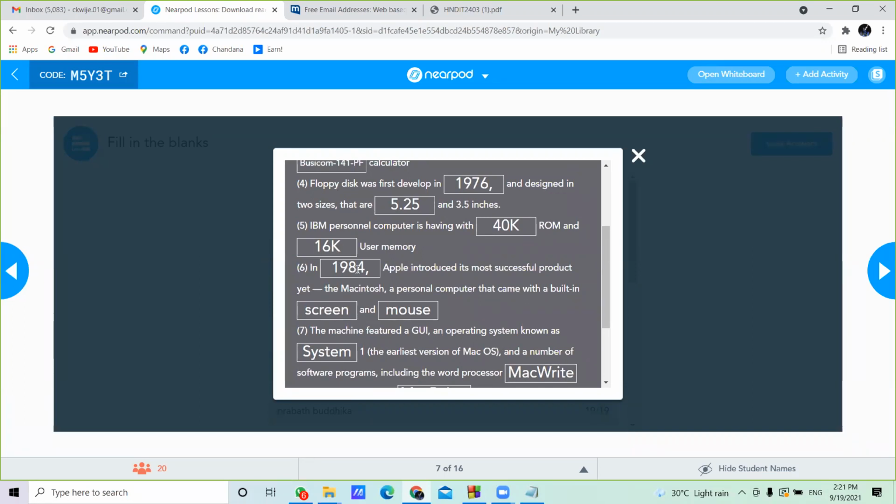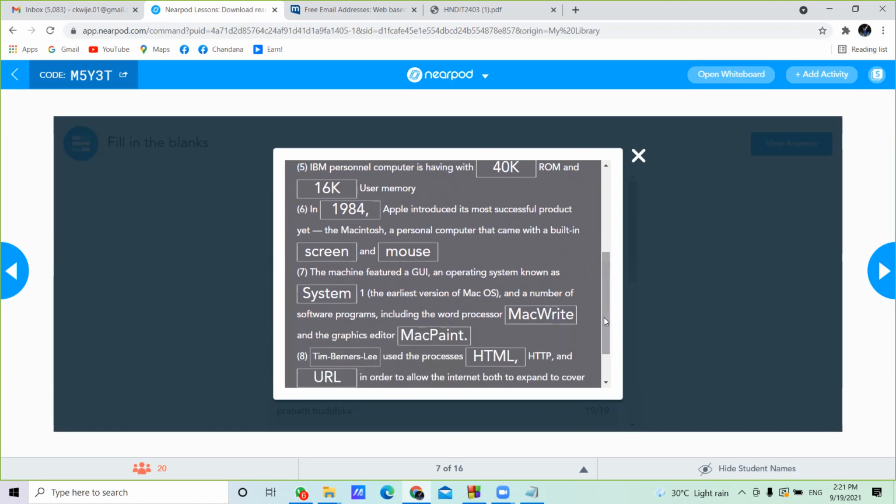In 1984, Apple introduced its most successful product, a computer that came with a built-in screen and mouse. That's also correct, screen and mouse. The machine featured a GUI operating system known as System 1.